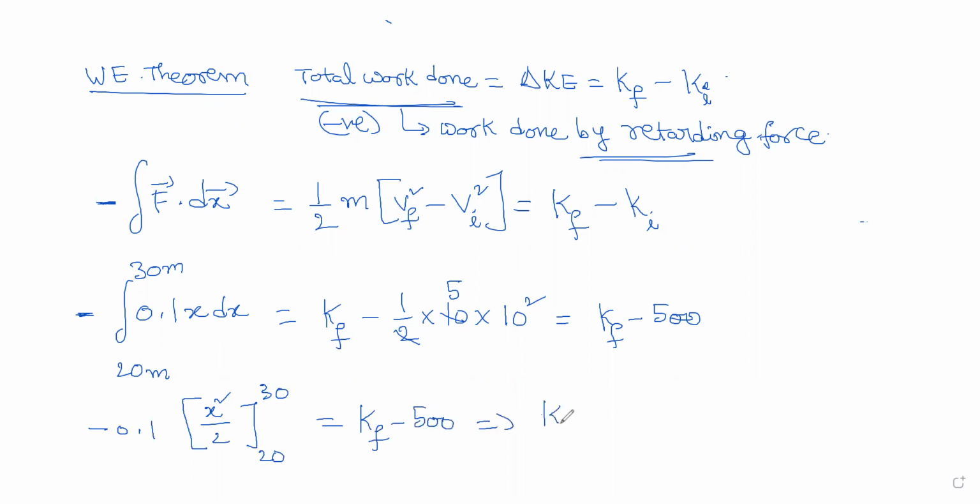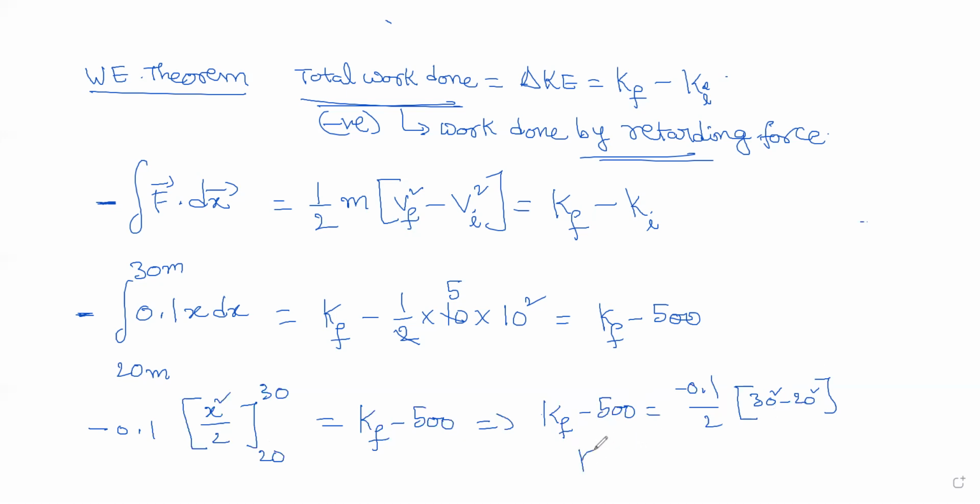So K final minus 500 is equal to minus 0.1 by 2. So what I have is 30 square minus 20 square. So how much will I get? 30 square, that is 900, minus 400. So that is 500, right?